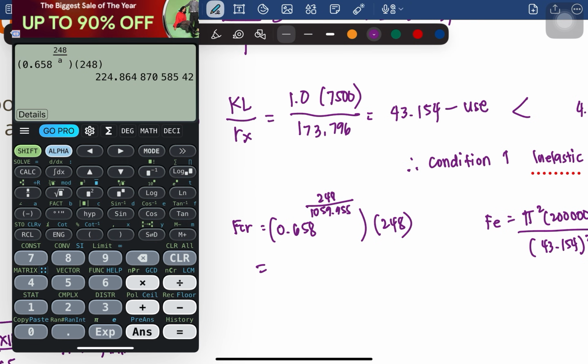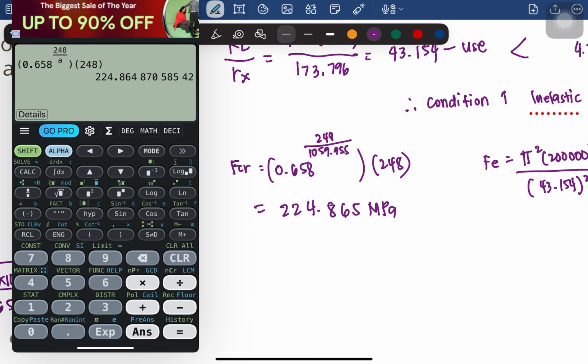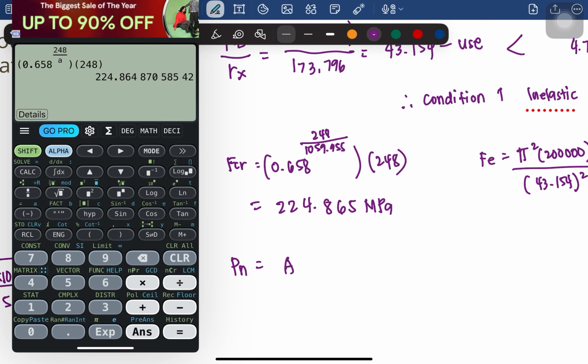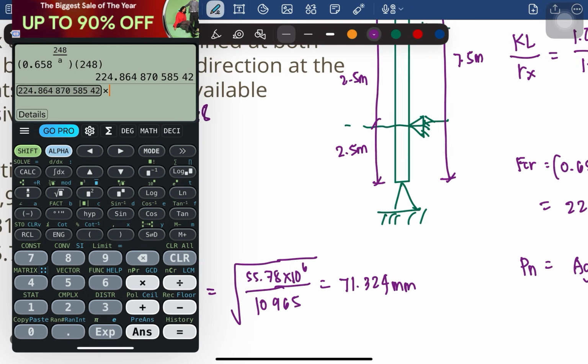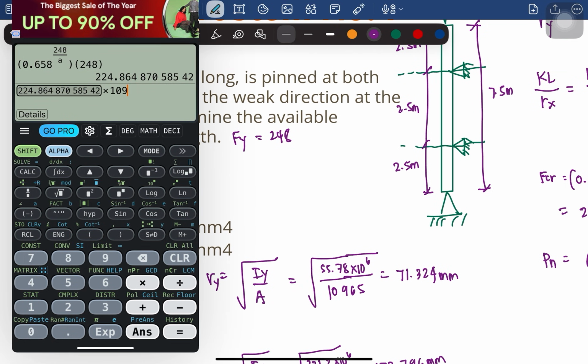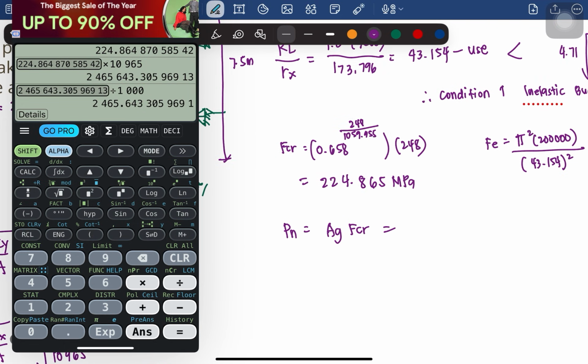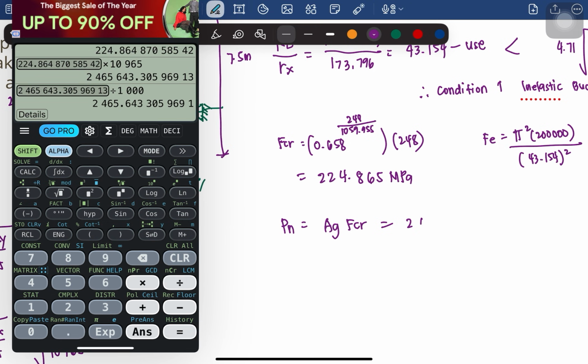So, equals to 224.865 MPa. Then, the axial load is Ag times Fcr. Yung given na area dito, class, is what? 10,965. Then, divide it to 1,000 para maging kilonewton. So, 2,465.643 kilonewton.